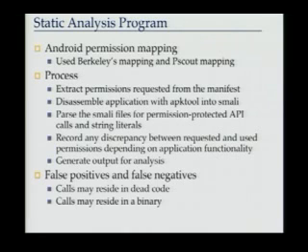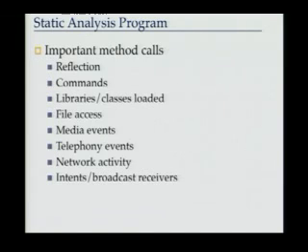There can be false positives and false negatives. Since it's done statically, sometimes it's difficult to tell, depending on how much state you're keeping or how much you're looking into how the call is being used, whether they're reading or writing a certain resource. There's also dead code, so it may identify something that's unreachable and actually won't be executed on the phone.